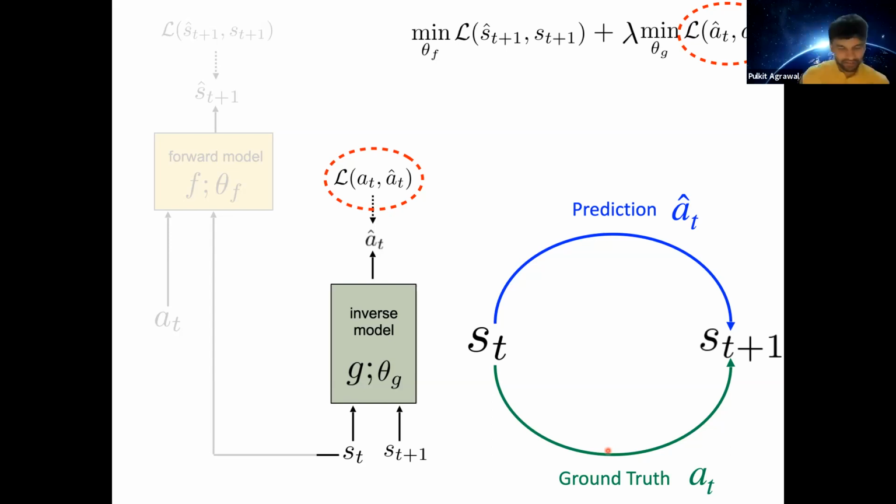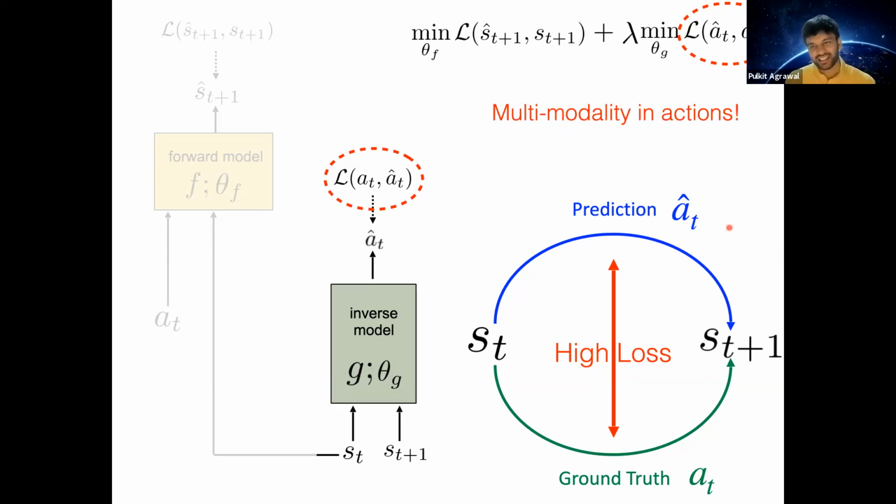That means I will go to the correct state, but the inverse model is going to have a high loss. Why is this? Because there's multimodality in the action space. That is, there are many actions which can take you from one state to the other state. So this is bad news for inverse models.